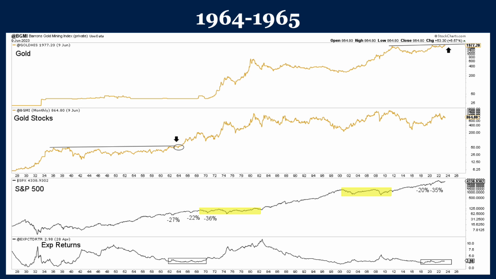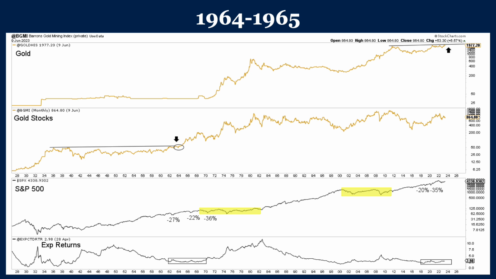You didn't have TIPS, Forex, emerging markets, and all those types of things. So for all those reasons, gold stocks back then are what gold is today, in my opinion.